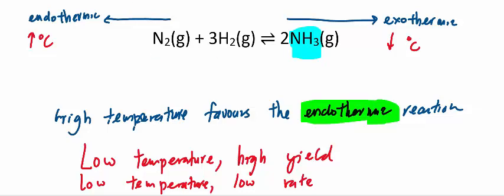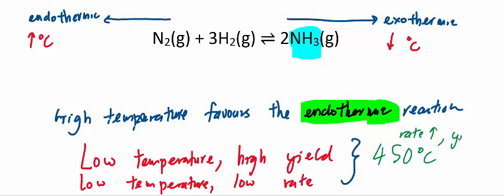So we compromise. In the table, what he figured out is you must compromise. You use 450 degrees Celsius, so that the rate is high and the yield is okay.